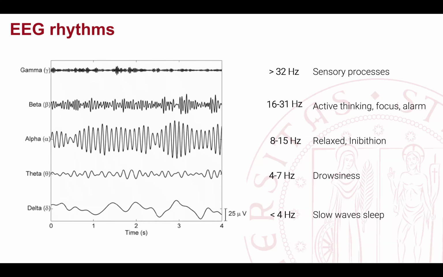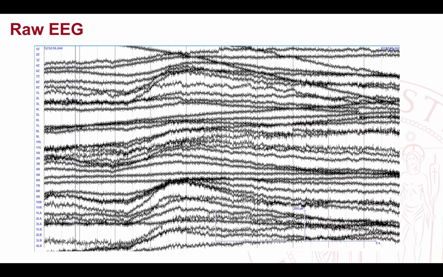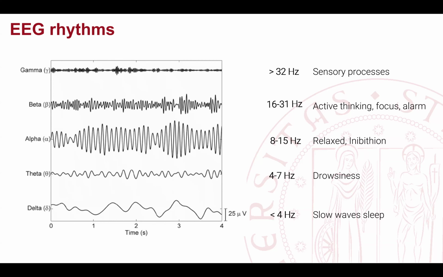For example, when they filter the EEG below 4 Hz, taking only these slow components, you get the delta rhythms, which have been shown in the neuroscientific literature to be related to, for example, sleep activity.